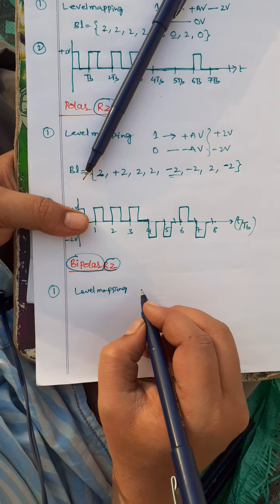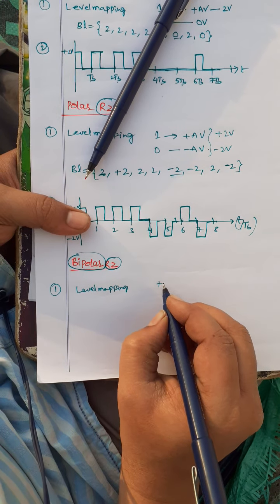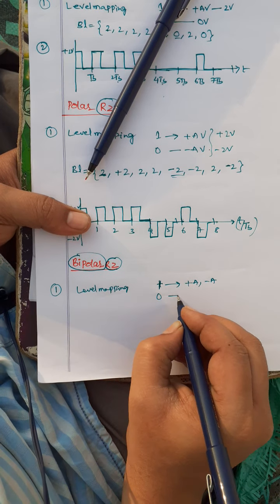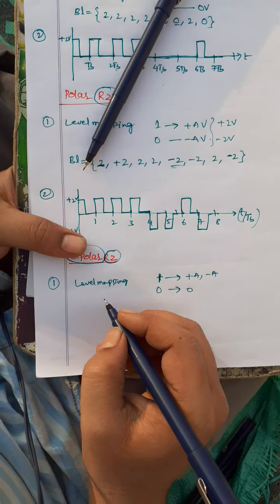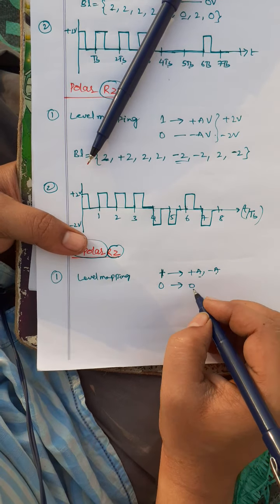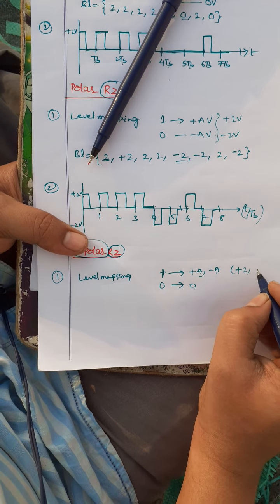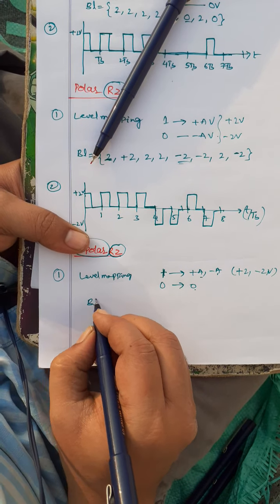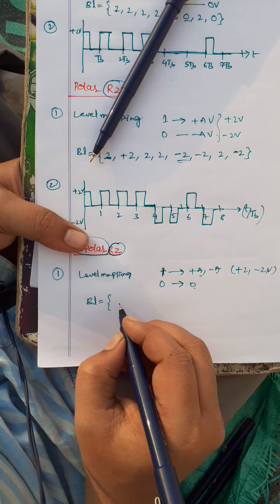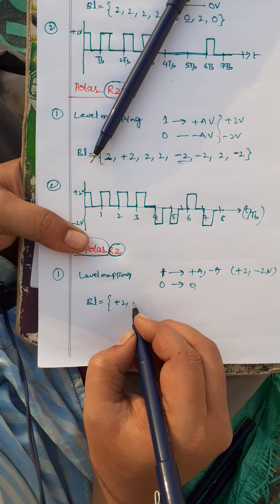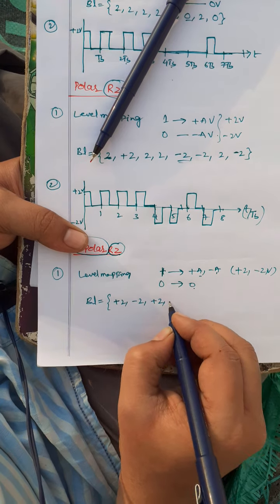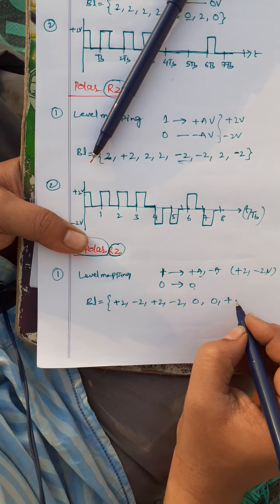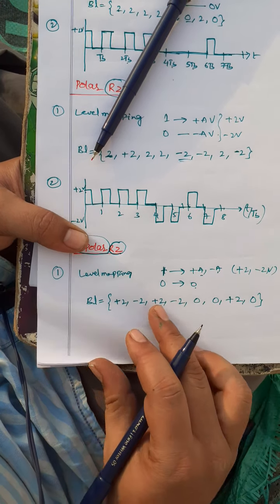So what are the levels here? 1 will be represented by plus A or minus A alternately, 0 will be represented by 0 volts, right? So 3 voltage levels, plus A, minus A, 0 volts, that is plus 2 volts, minus 2 volts and 0 volts, right? So BL is equal to plus 2 volts, minus 2, plus 2, minus 2, 0, 0, minus 2 is completed, then plus 2, 0 volt. This is the level mapping.